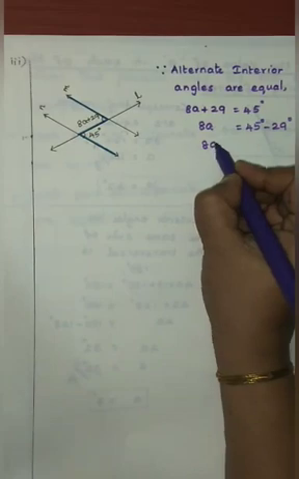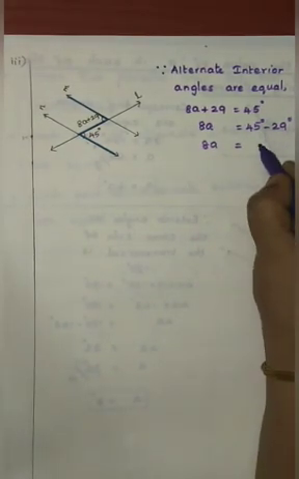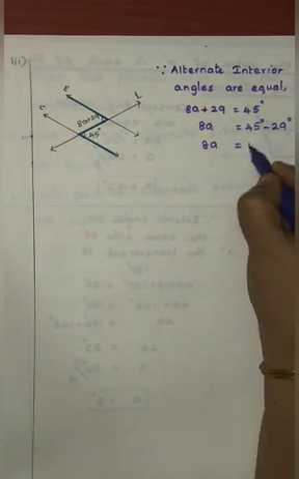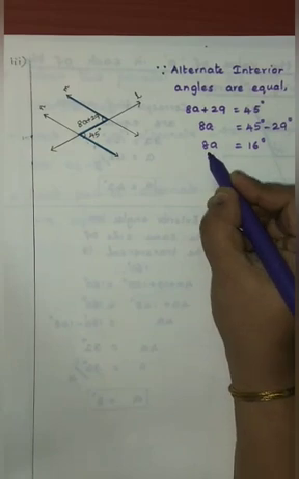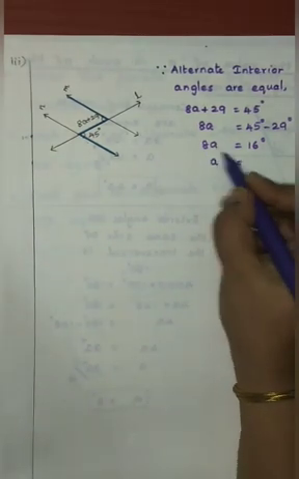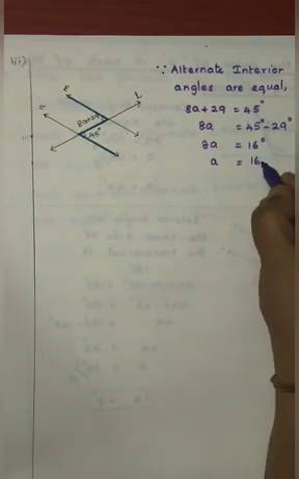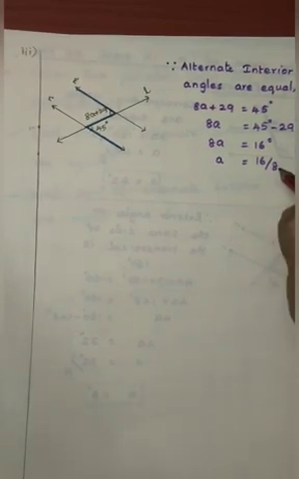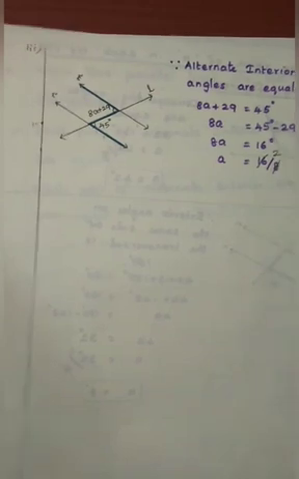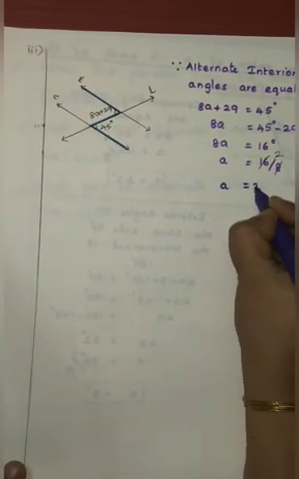So 8A is equal to, when you subtract, what will you get? 16 degrees. Now leave this 8A here and take this 8 to the other side. Since 8 is multiplied by A, when you take to the other side, we have to divide the 16 by 8. So how many times 8 goes in 16? 2 times. So A is equal to 2.